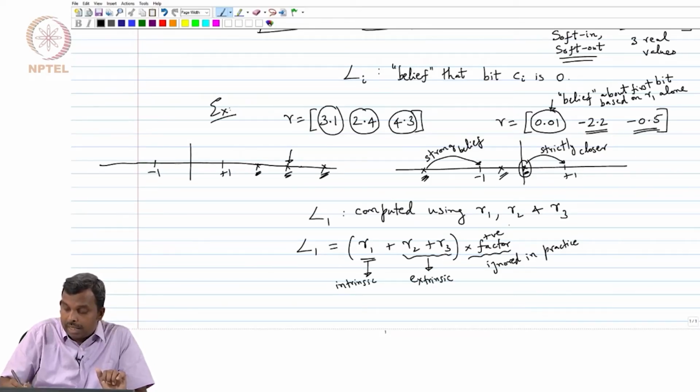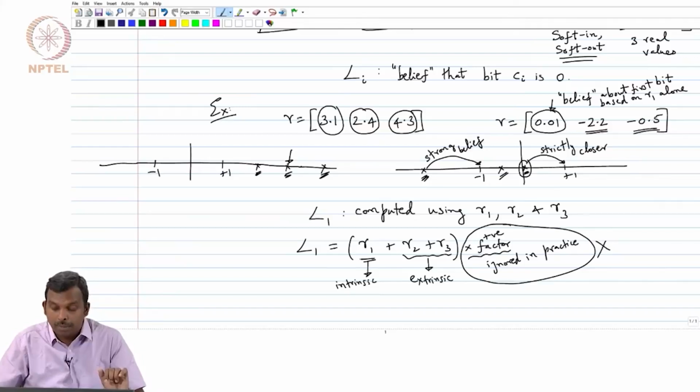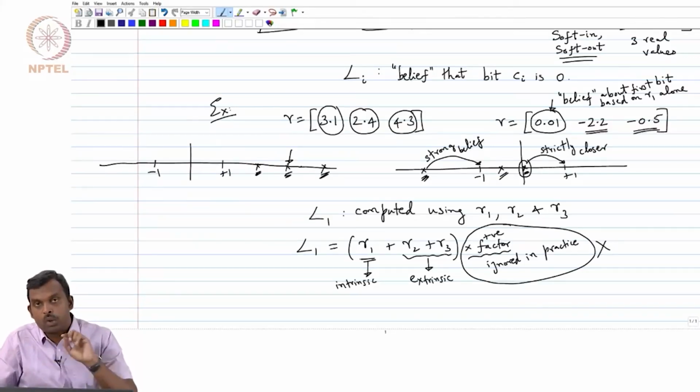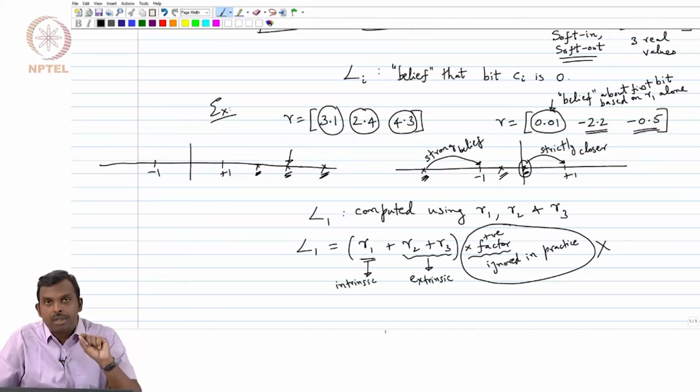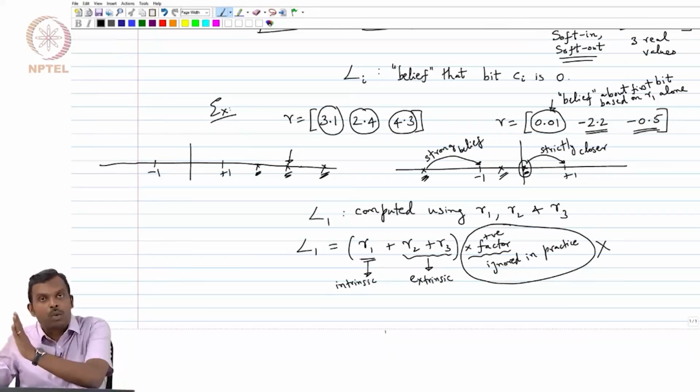Okay. So, once again, we will completely ignore this factor, we will not use this at all, we will only use R1 plus R2 plus R3. Okay. And even that, there are two components. One is the intrinsic belief that you have based on what you received for that symbol R1 directly, and then extrinsic, what comes from R2 and R3.